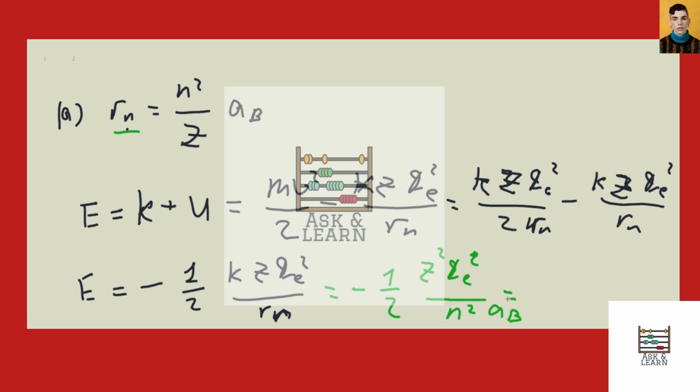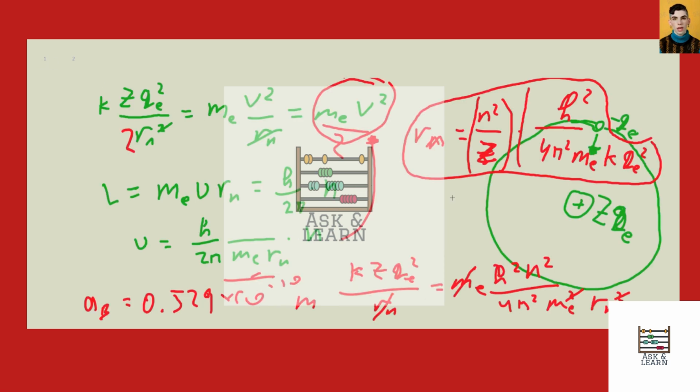And let's remind ourselves what a_B was. So a_B was this part with h squared over 4 pi squared and so on. So let's just plug this here.